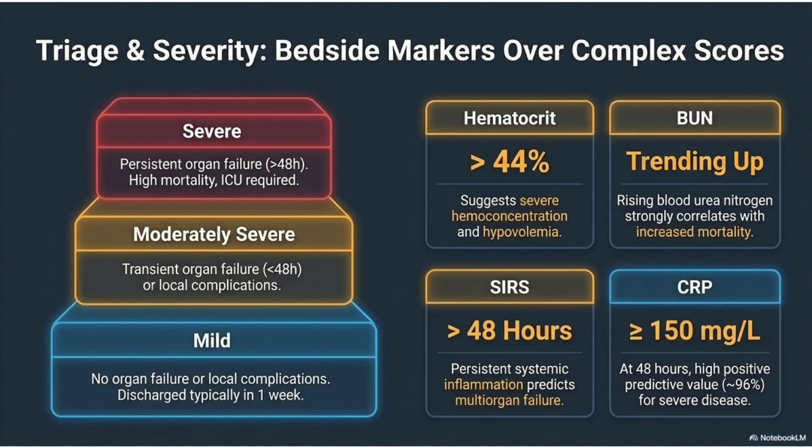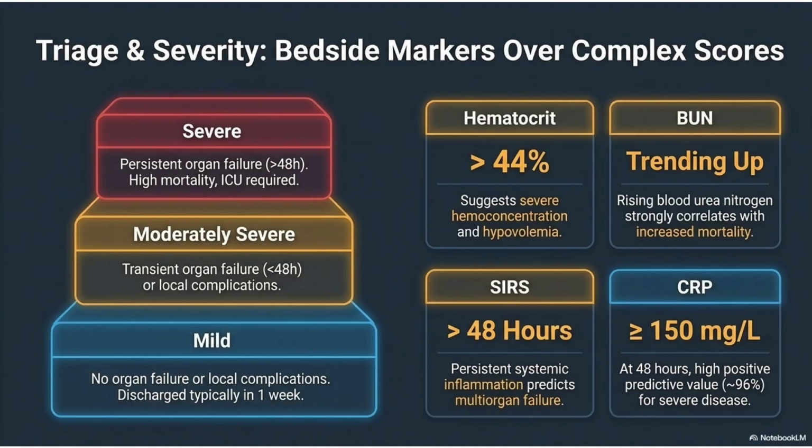So let's say you have a patient who is hypotensive and their hematocrit is rising. This is going to suggest that they're hypovolemic. All that fluid is third spacing somewhere, and the IV fluid at the rate you're giving might not be sufficient.